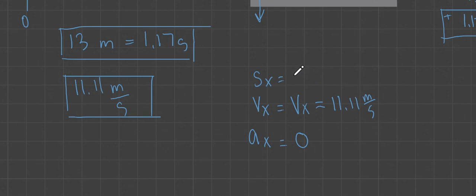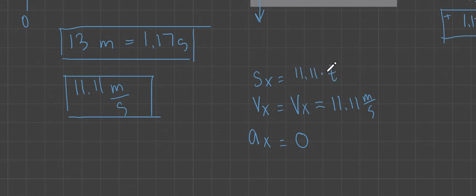The equation for its position on the x-axis is the last part. And again, working backwards, we know that velocity is the derivative of position. So the antiderivative would just be 11.11 times time, whatever that time is. So at time 1, it's traveled 11.11 meters.